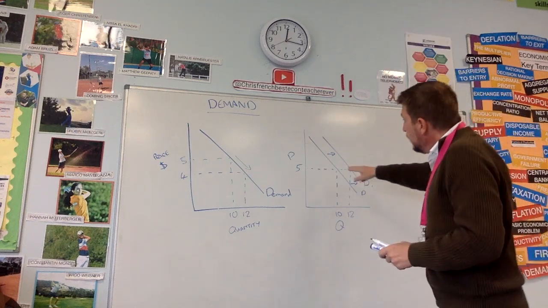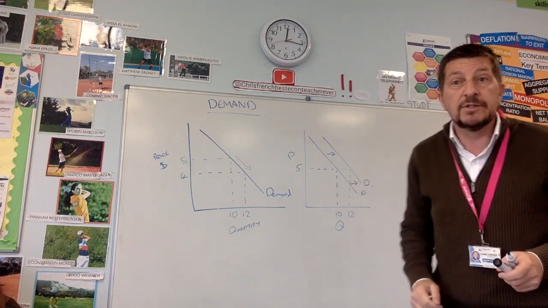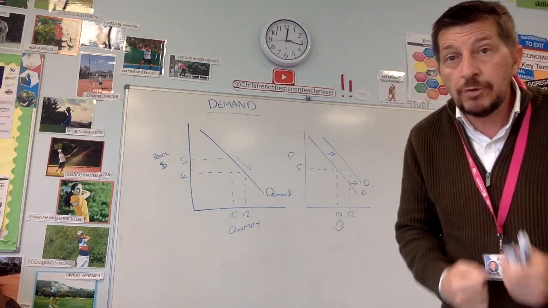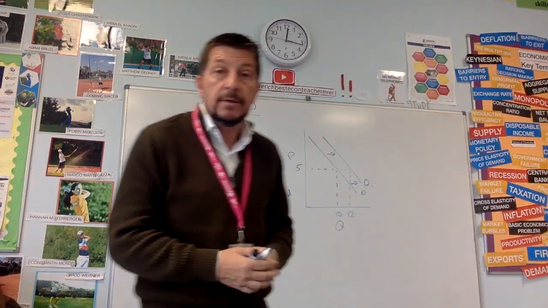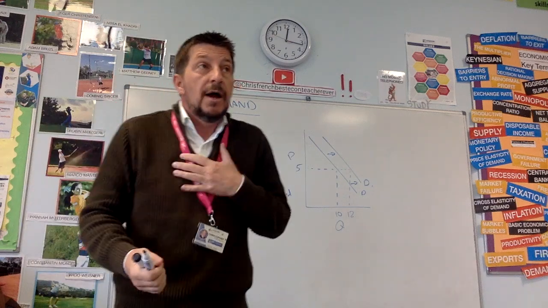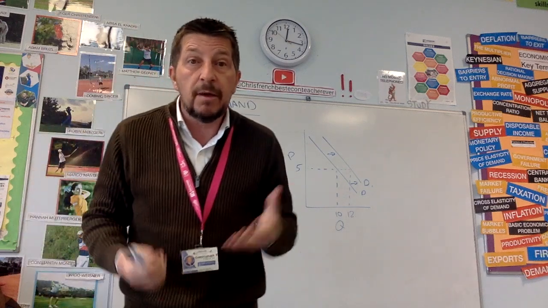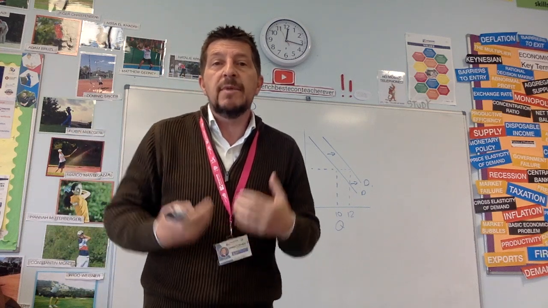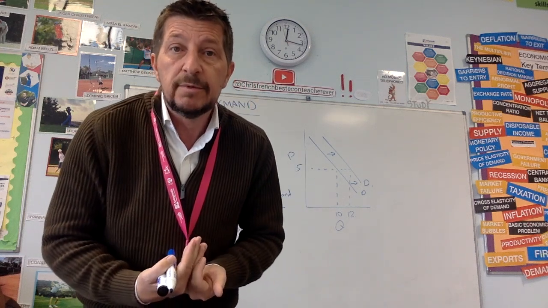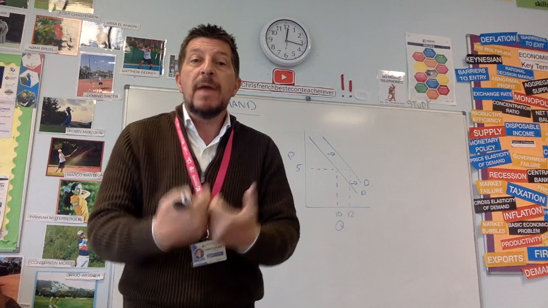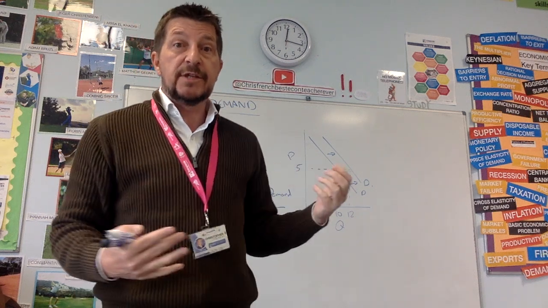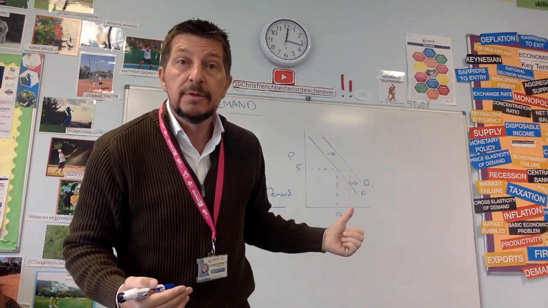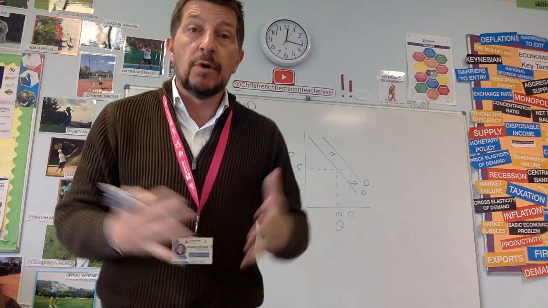Now, not only could the price of a substitute change, but people's incomes could change in an economy. So, for example, I may get an overall price increase, a wage increase. Right? Now, what does that mean? It means I've got more disposable income, and I may go out and spend that money, in this case, on apples. I might say, oh, I've got loads of money, what should I spend it on?